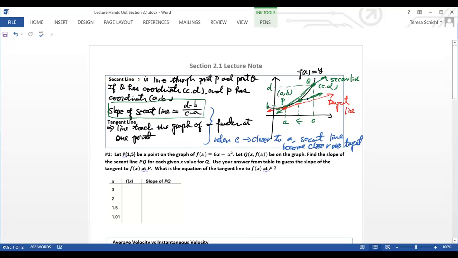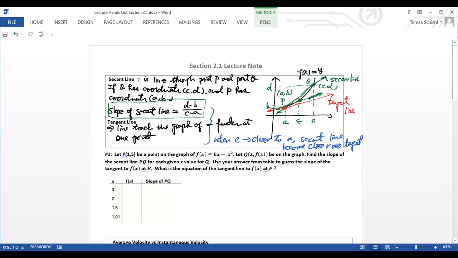Finally, when the C becomes A, the secant line becomes the tangent line. So that means I can use the slope of the secant line to estimate the slope of the tangent line, right?